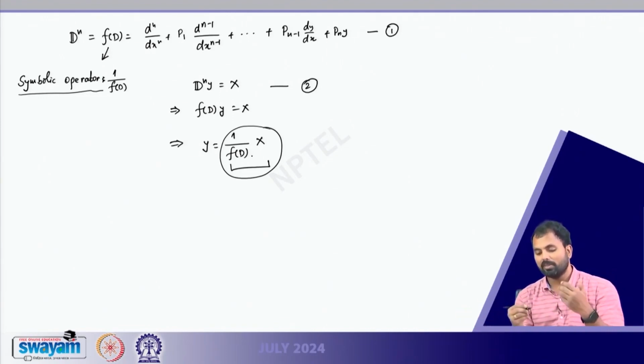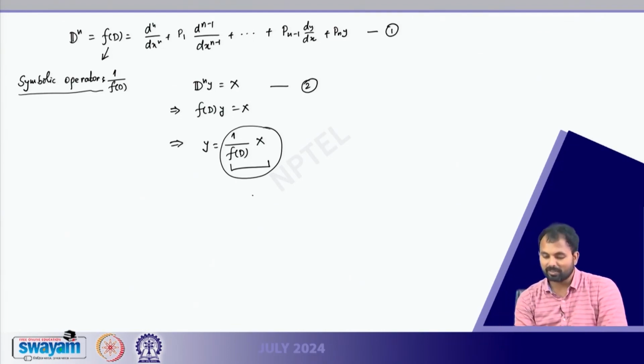What I mean to say is that we have to define this 1 by F(D) of X. So this is what gives us the particular integral, and the concept of particular integral is motivated from this expression here.